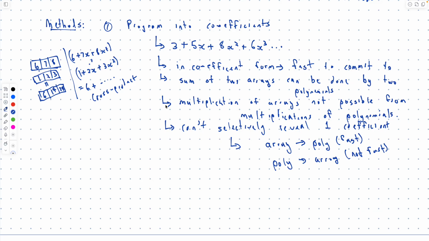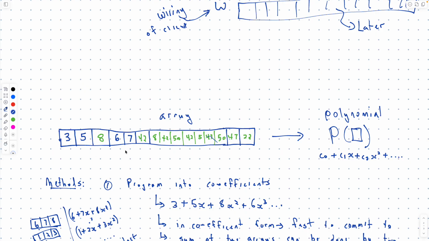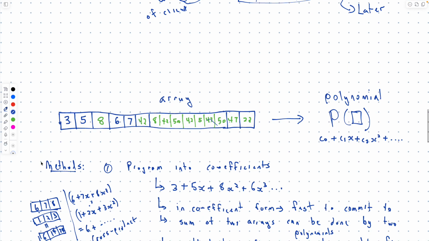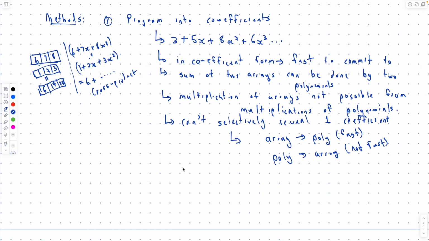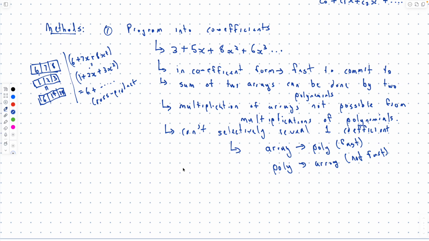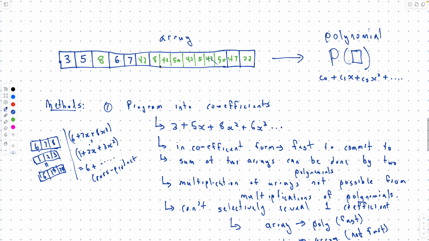But for what we're doing right now, which is programming the main circuit trace, we're not going to use that approach for that purpose yet. We're going to use a different approach. Is there anywhere else you could take these arrays and stuff them into a polynomial other than the coefficients?